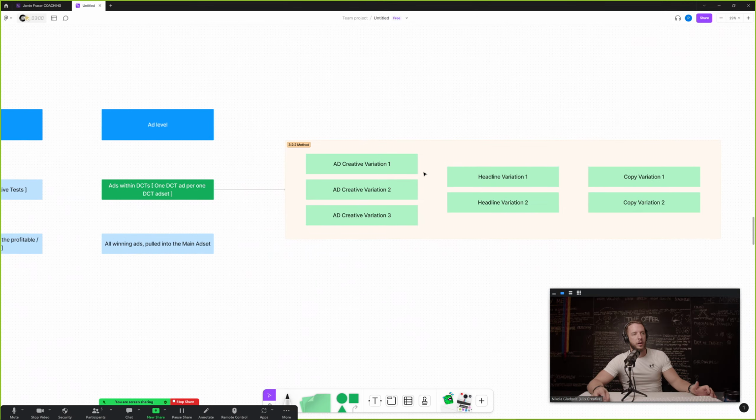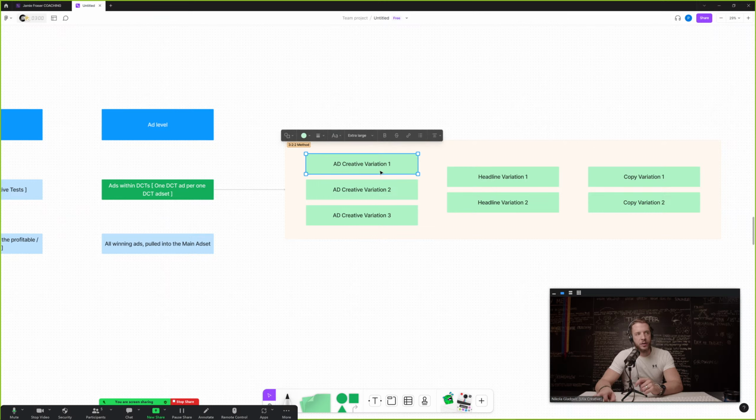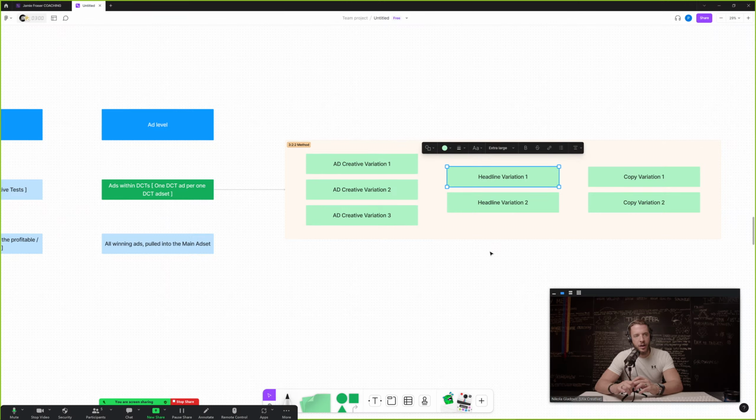Now, it depends on what we want to test out and how we want to approach a certain advertising effort. I'm going to get into how we build DCTs and what's important to know when running them. Within DCTs, we cannot create 3 completely different random creatives and put them to fight against each other.